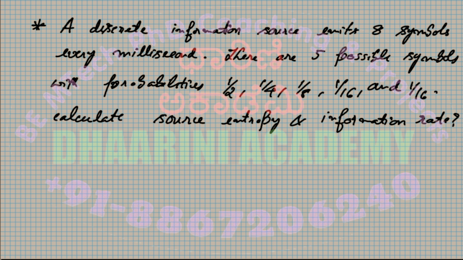This is the question. The first part is pretty straightforward. The H can be calculated directly. There are 5 different symbols that are possible, so H is the sum from i equal to 1 to 5 of p_i into log of 1 by p_i. We calculate in base 2 itself. All the 5 symbols have to be used.